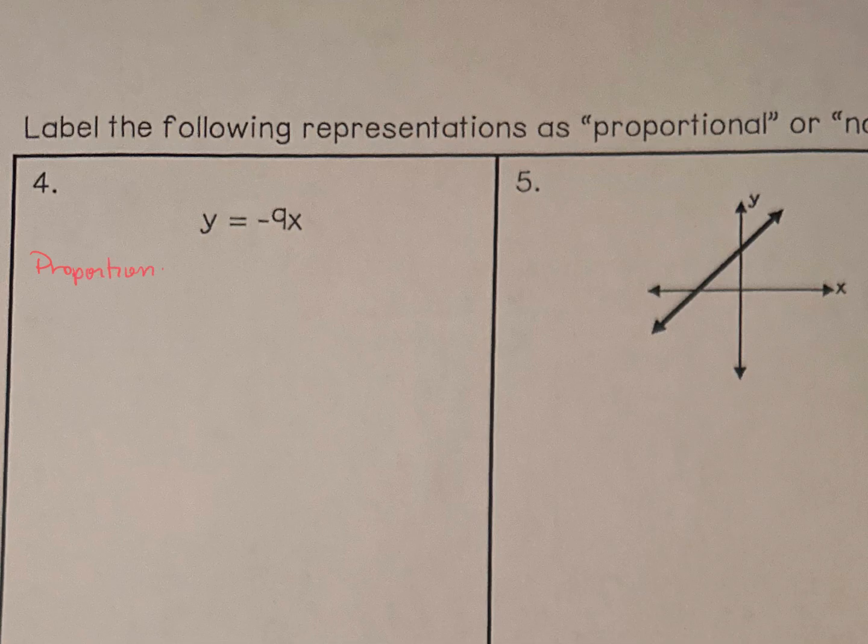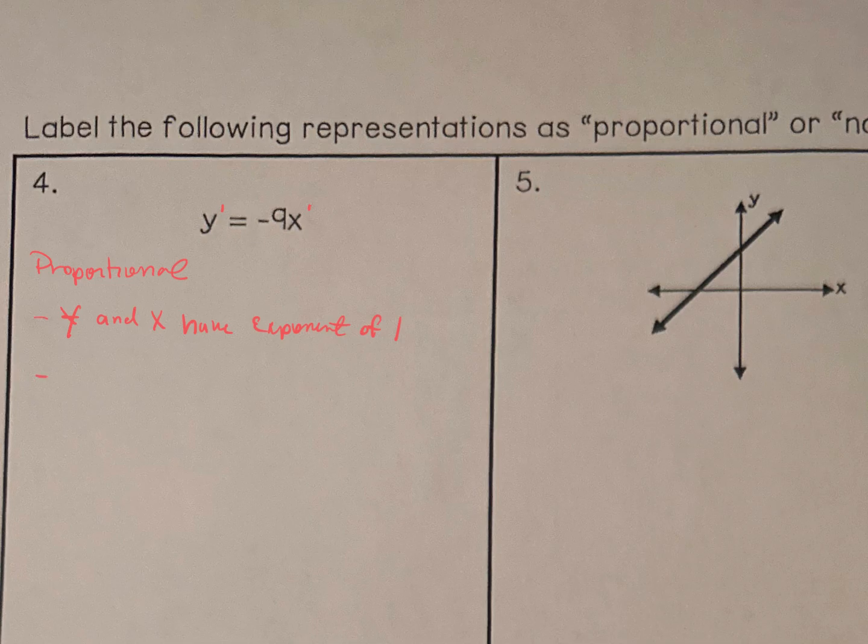Proportional because the y value and the x value both have an exponent of 1. It's an invisible 1 right here and right here.